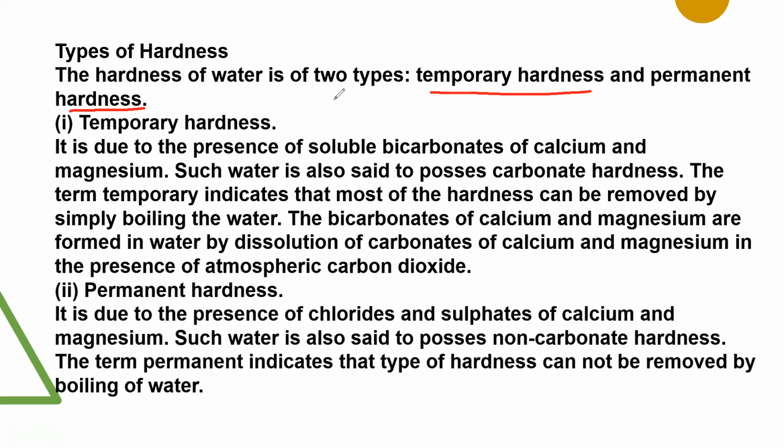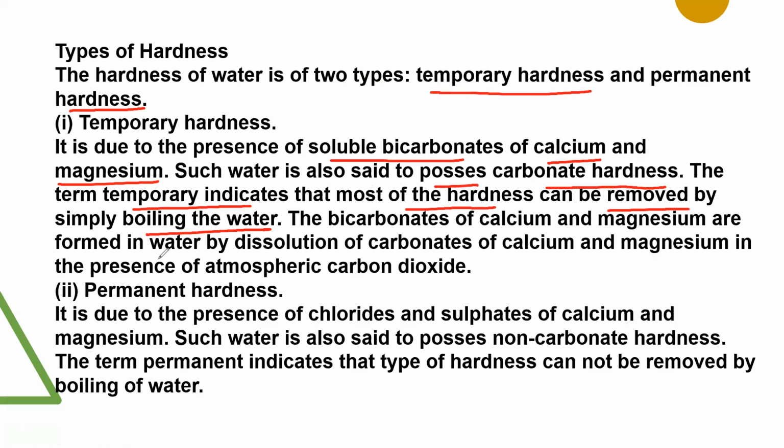So, what is temporary hardness? It is due to the presence of soluble bicarbonates of calcium and magnesium. Only bicarbonates of calcium and magnesium make water temporarily hard. Such water is also said to possess carbonate hardness. The term temporary indicates that most of the hardness can be removed just by simply boiling the water. Very, very important.